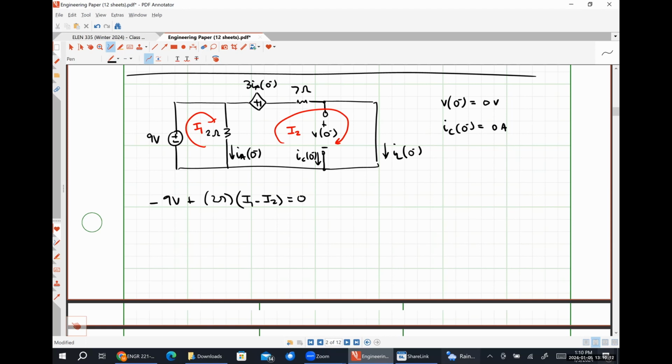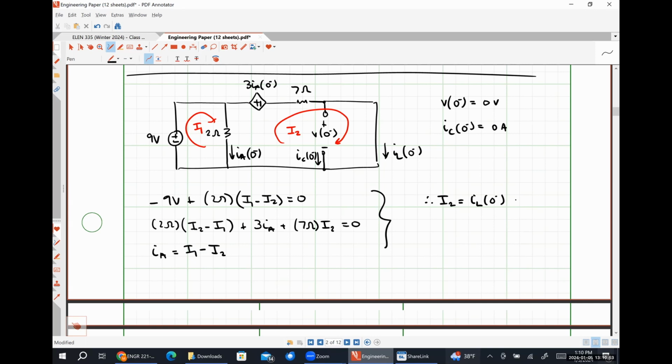KVL around mesh 2, we are going to have 2 ohms times (I2 minus I1) plus 3 IA plus 7 ohms times I2 is equal to 0. And we can see that IA is I1 minus I2. And so we just solve this system, and then whatever we get for I2, that is the same thing as IL at 0 minus that we're looking for.